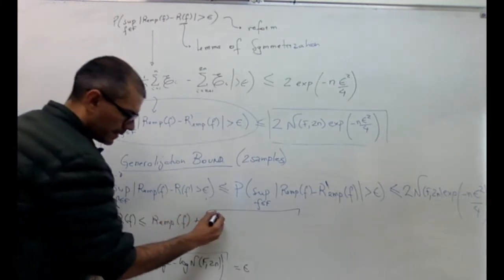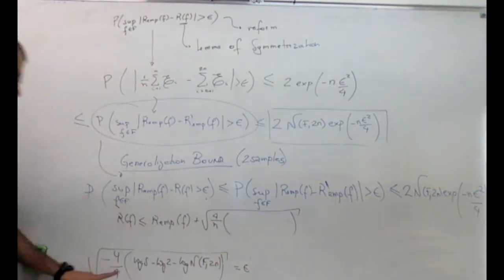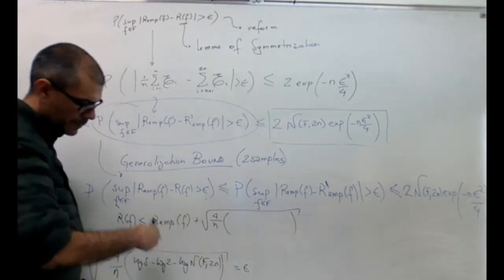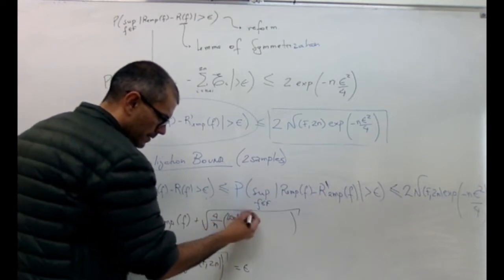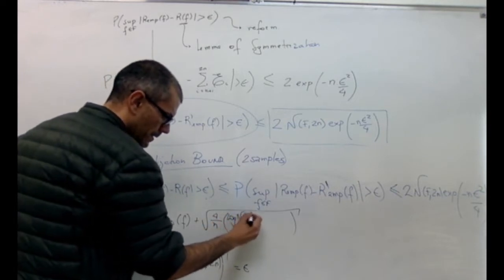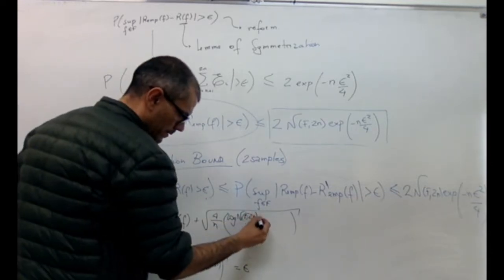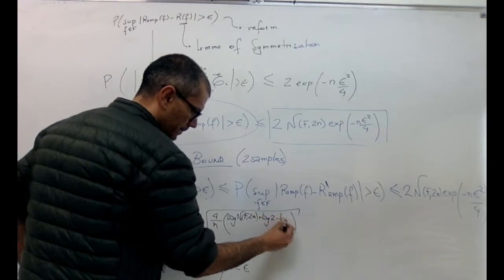So I prefer it like 4 over n multiplied by minus log delta. Let's put the things that are positive at the beginning. And the most important thing is the shattering coefficient. So the shattering to start, then plus log 2 and minus log delta.